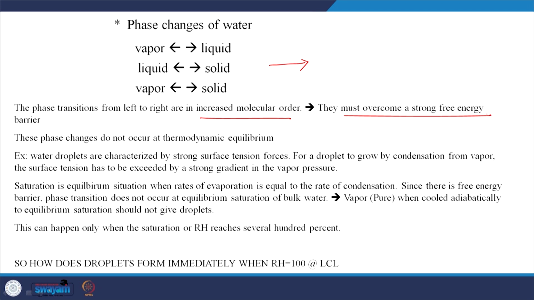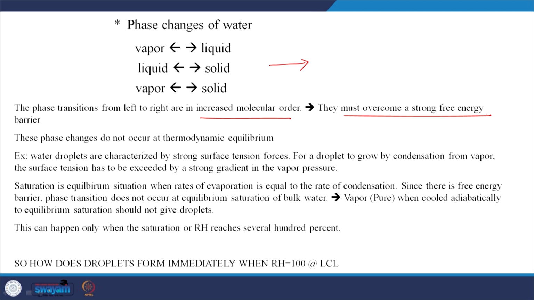Vapor, the pure phase, when cooled adiabatically to equilibrium saturation, should not give droplets. The purest phase of vapor without any impurities or without the presence of any foreign nuclei which can absorb water will never result in the formation of droplets even when the relative humidity reaches 100%. The formation of droplets can only happen if the relative humidity reaches several 100%, right.